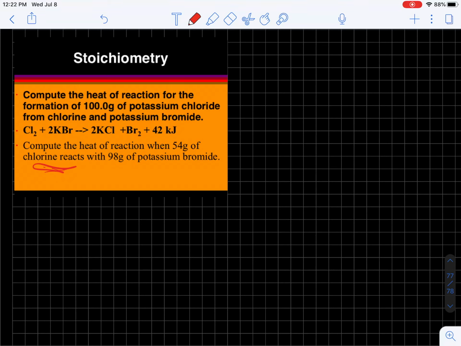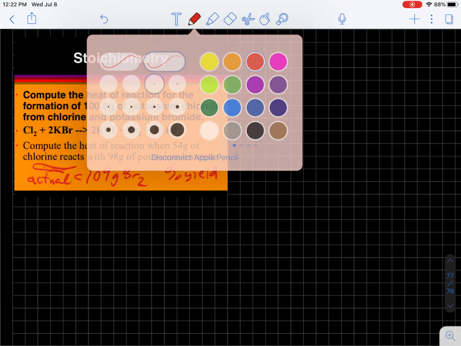Suppose they tell us that we're going to collect, let's say, 109 grams of bromine, actual collection. What is the percent yield in this problem?